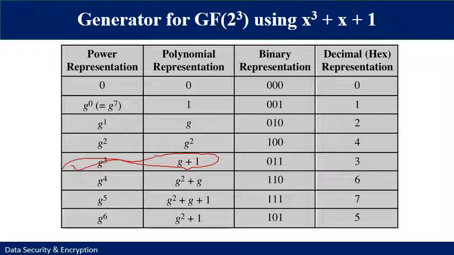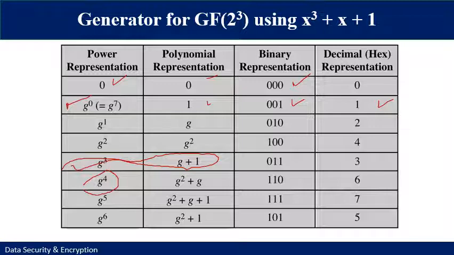So we have the following. For example, for g to the 0, we have 0, and we have the binary representation of 0. If we take the next value, we have g raised to power 0, which is 1. This represents the polynomial representation of 1, and it is represented in the binary value 1 and hex 1.